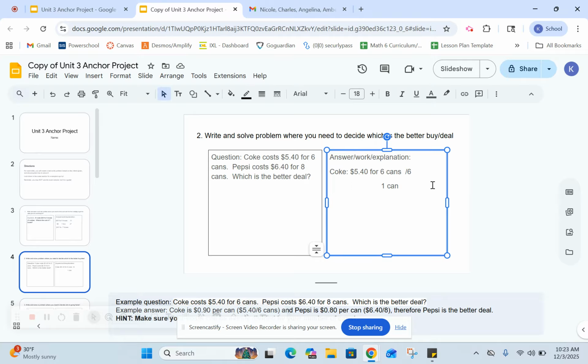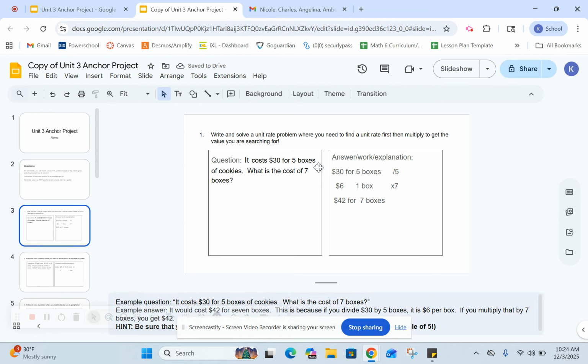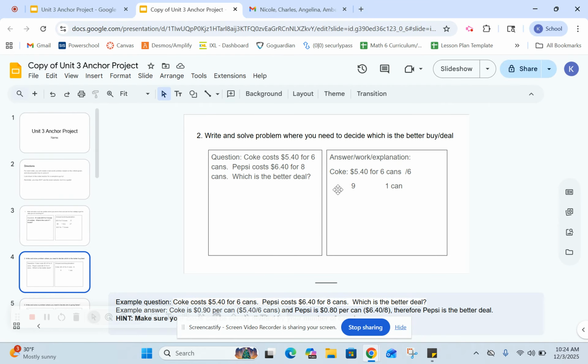Don't let the decimal trip you up. Think about, what is 54 divided by 6? 54 divided by 6 is 9, but then we need to account for that decimal point. So it would actually be 90 cents, because 540 divided by 6 would be 90. Scoot that decimal 2 times over to match. It would be 90 cents for 1 can for Coke.